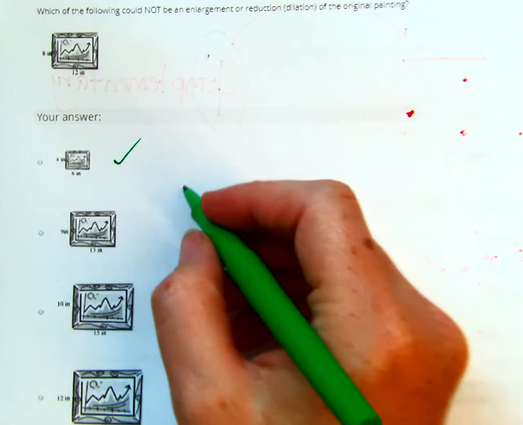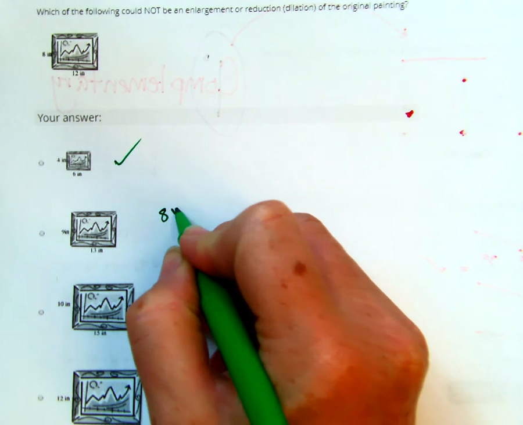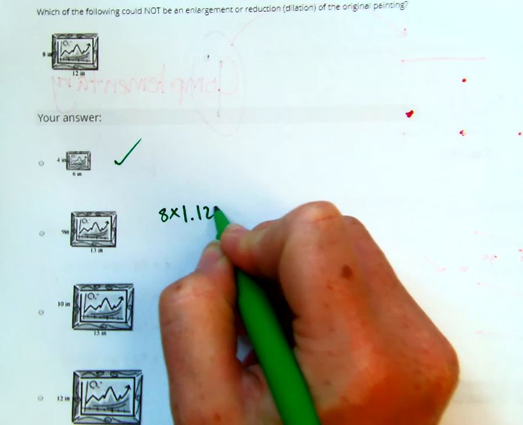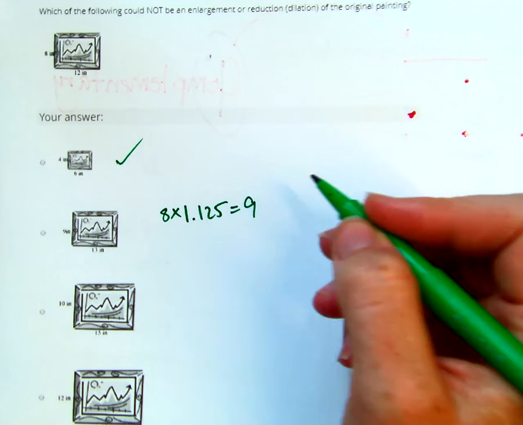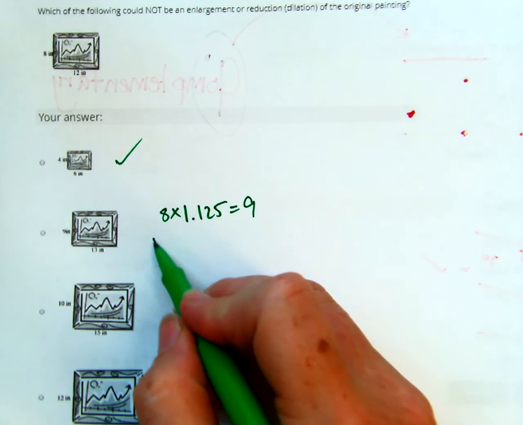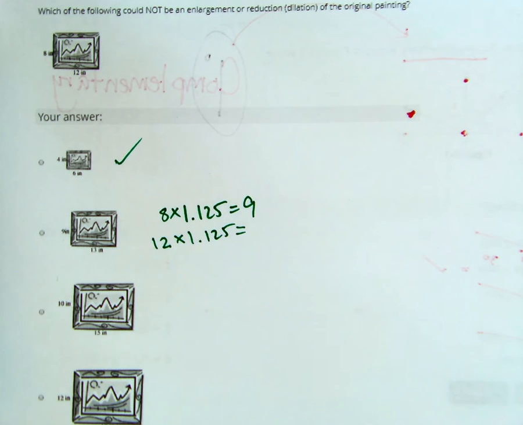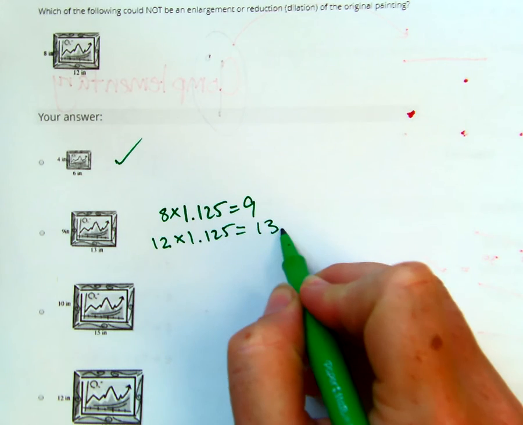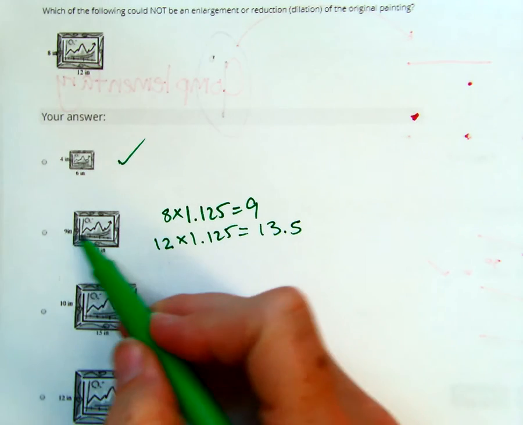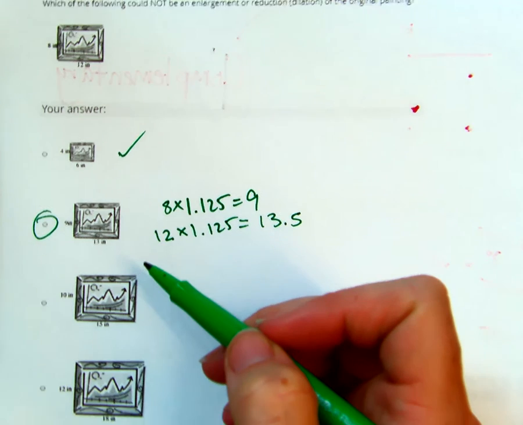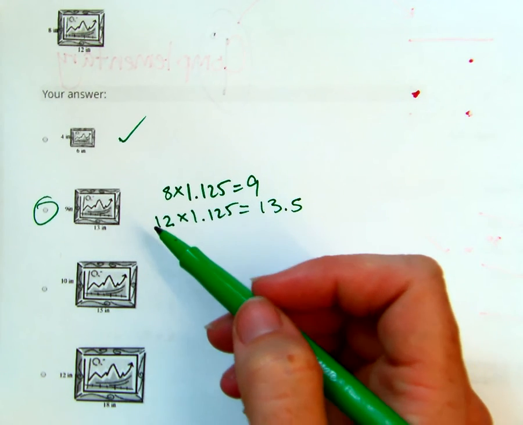So it looks like 8 times 1.125 is 9. So we want to make sure that 12 times 1.125 is 13. So I'm going to multiply that, and I get 13.5. So it looks like it's probably going to be this one, but I can actually check the other ones.